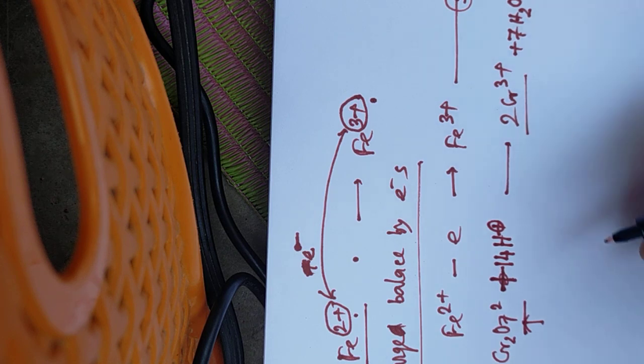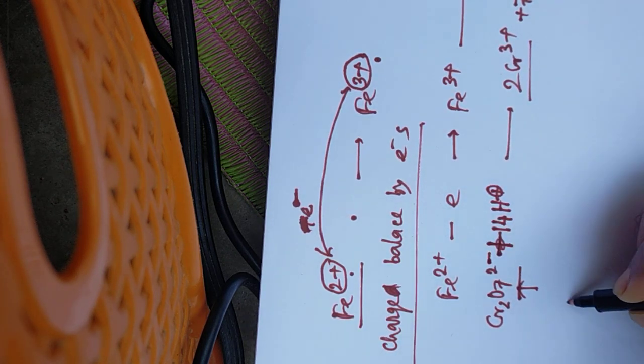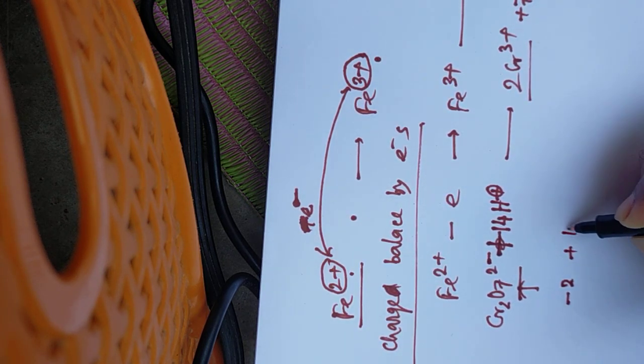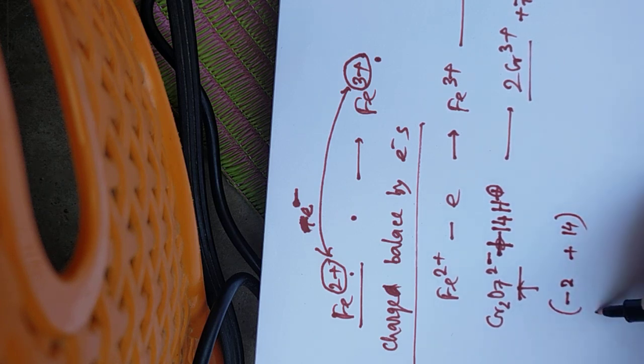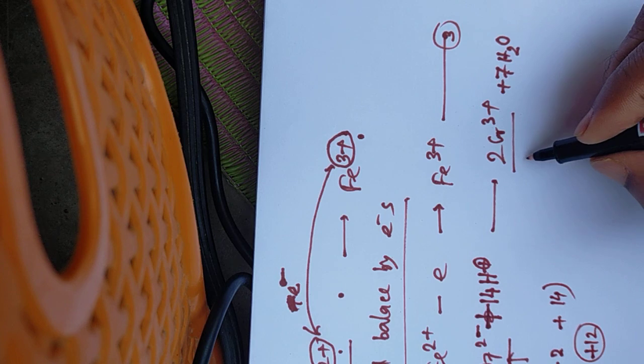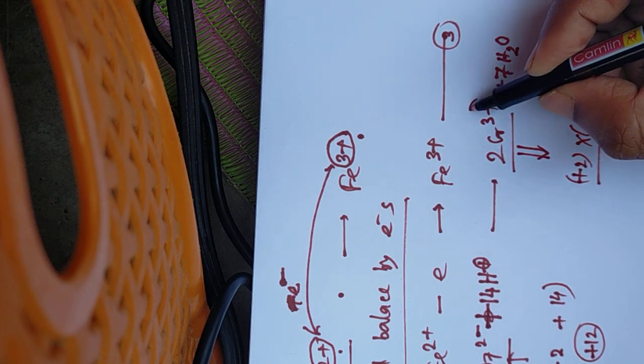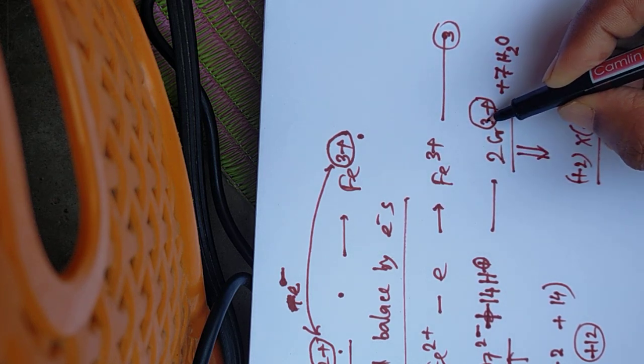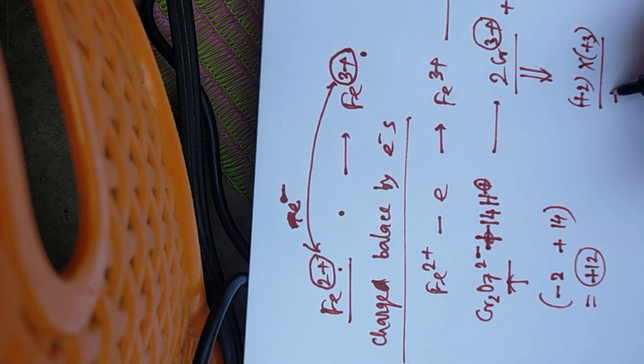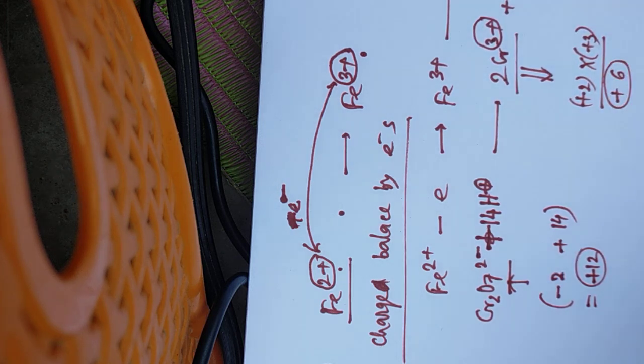Now charge balance: here minus 2 charge, here plus 14 charge, so total charge will be plus 12 on the left side. On the right side, 2 into plus 3 charge becomes plus 6 charge.